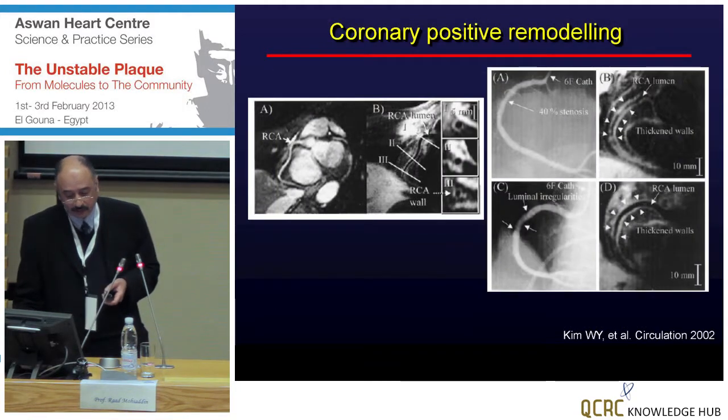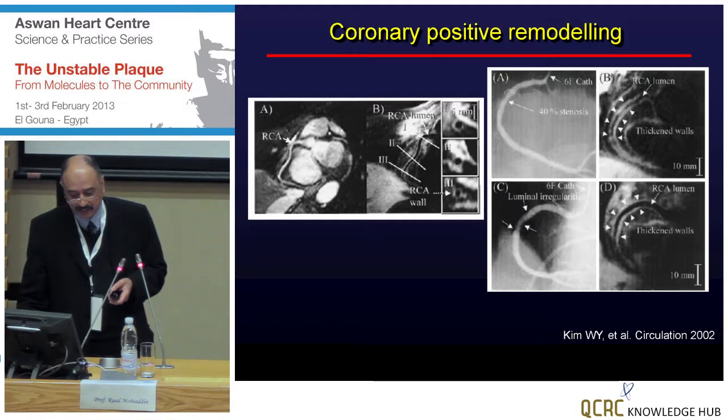This one is done in the coronary arteries. This is the MR angiogram of the right coronary artery, and this is the MR arterial wall imaging of the right coronary artery. In this study, they looked at healthy volunteers and age-matched patients with minor, non-obstructive coronary artery disease, and they looked at the wall thickness.